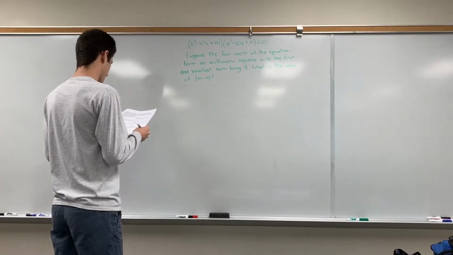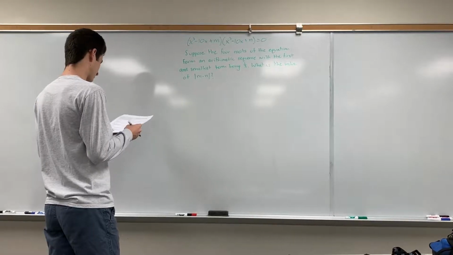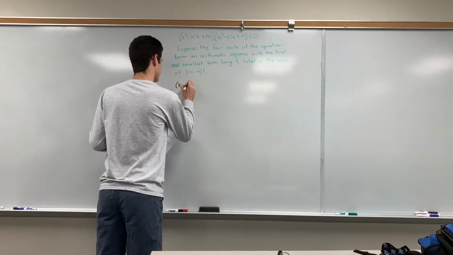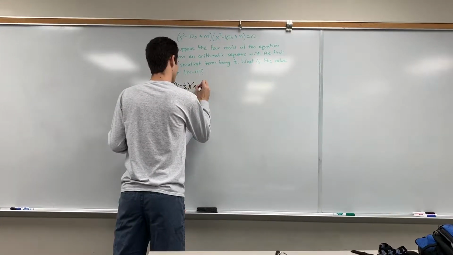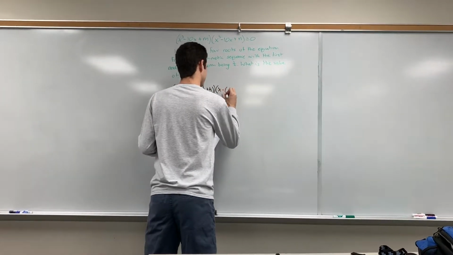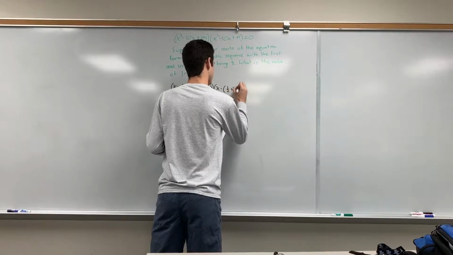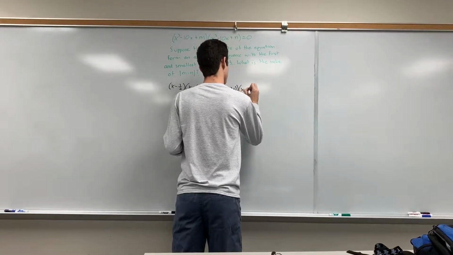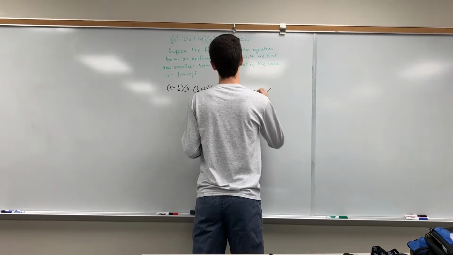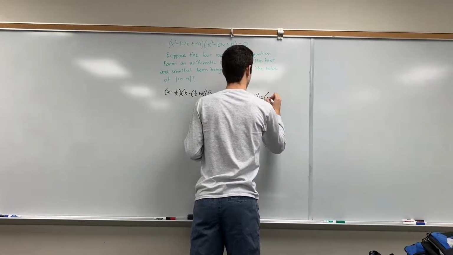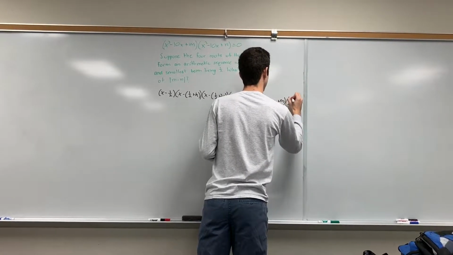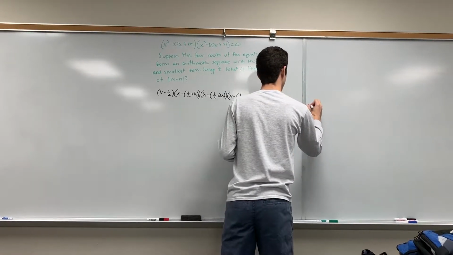So if the four roots form an arithmetic sequence and the first one is 1/2, then that means (x - 1/2)(x - 1/2 + k)(x - 1/2 + 2k)(x - 1/2 + 3k) equals that equation, (x² - 10x + m)(x² - 10x + n).